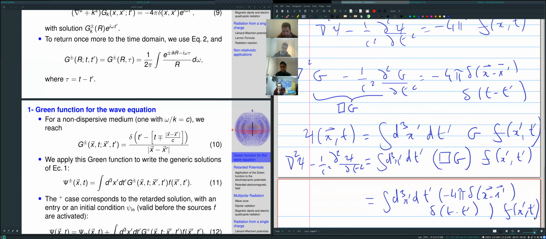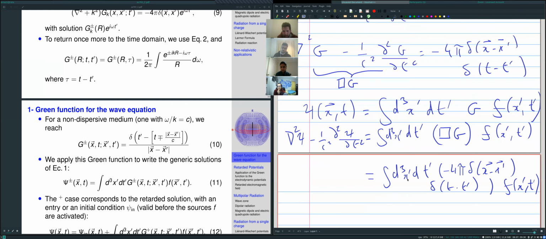Now this is trivial. The integral in space goes away with this delta in space, the integral in time goes away with the delta in time, and this is simply minus 4 pi f.